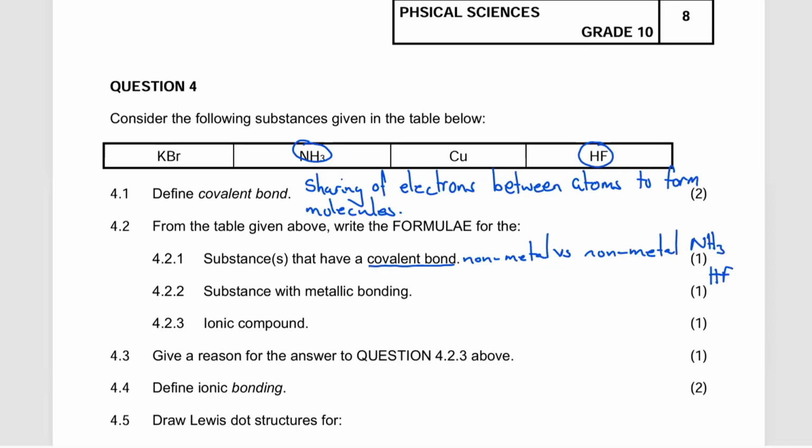Okay, so now it says from the table given above, also write the formula for the substance with metallic bonding, right? So metallic bonding there is going to be our Cu. A metallic bond: Cu actually forms a metal bond, right? Someone might ask, how does it form a metal bond?